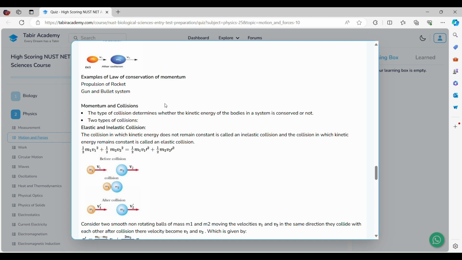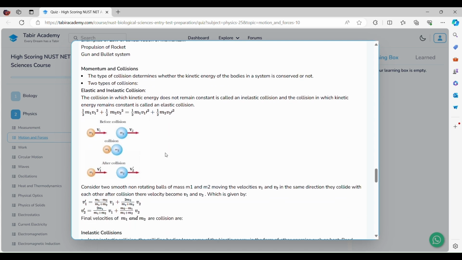दो किस्म के collisions होते हैं, elastic और inelastic. Basically, जब kinetic energy constant नहीं रहती collision में, वो inelastic होता है. And जब kinetic energy constant रहती है, तो that's an elastic collision.